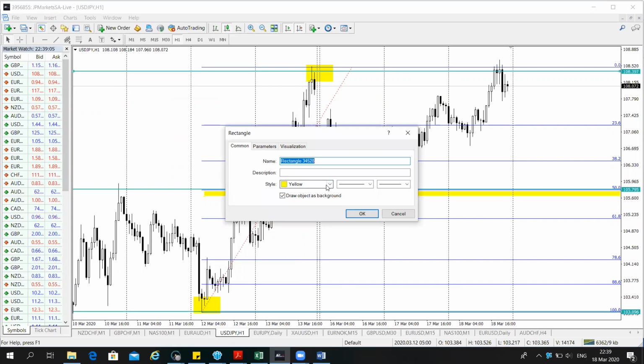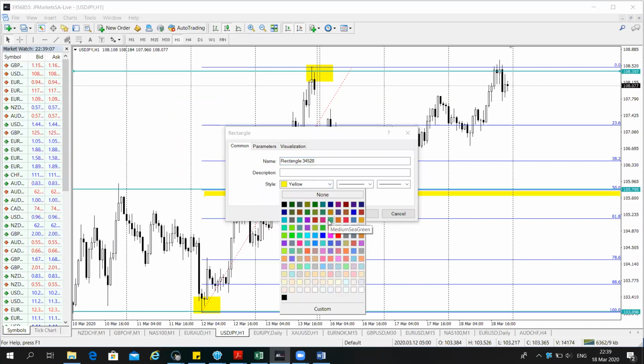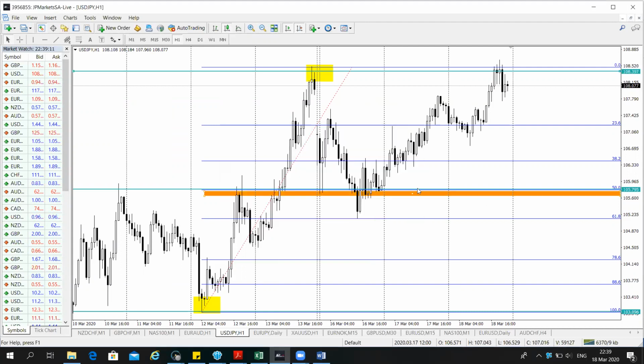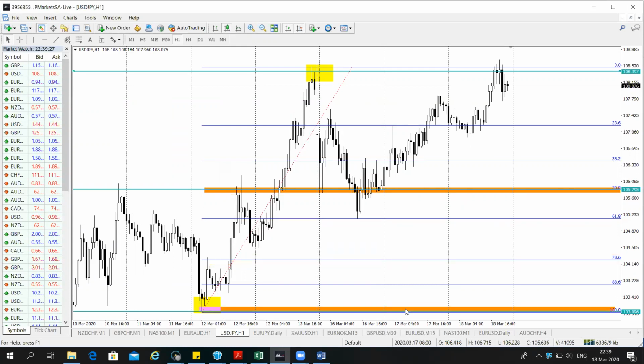I like zones because zones depict the price level correctly. So the Fibonacci levels: the 50, 38.2, 23.6, 61.8, 78.6, and 88.6. Therefore, I must identify my low of the day that is there and my high of the day, which is there.